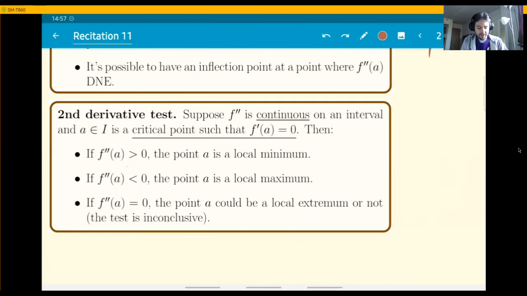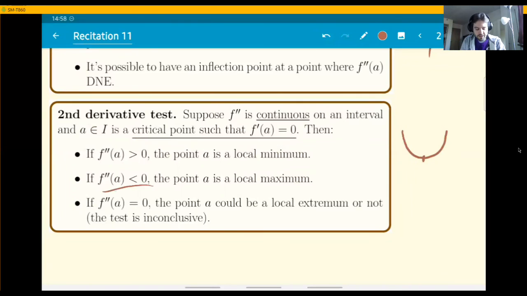If it's positive at that point, it must be a local min. Be careful with this. It is positive and minimum. You might think positive means maximum, right? But it's the other way. Very easy to think about why. Once again, just draw the pictures. If you have a smile, which means second derivative is positive around this point, it is local minimum, as you can see from the graph, because the point is a valley.